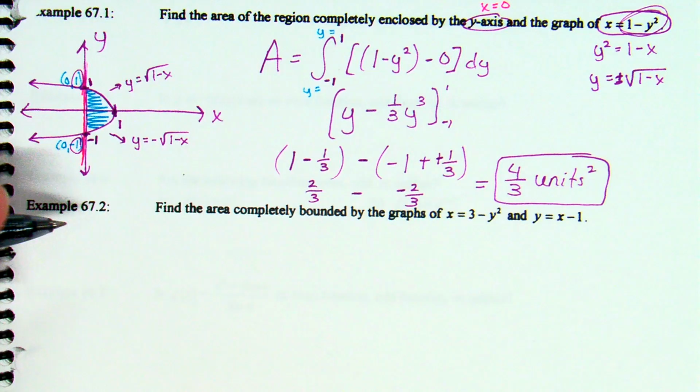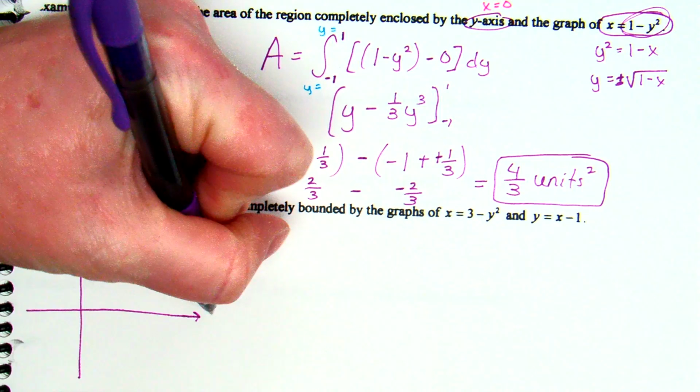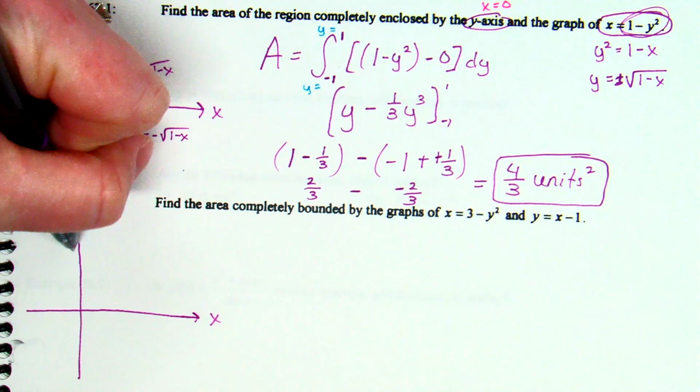Can you guys graph y equals x minus 1? That'll be a piece of cake, right? It goes almost straight through the middle. Now, be specific in how you graph here, because we're going to be looking for intersection points.